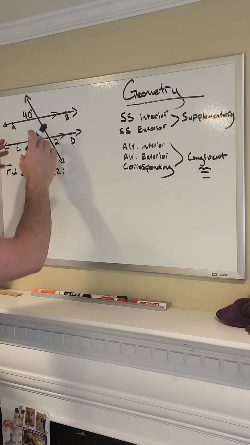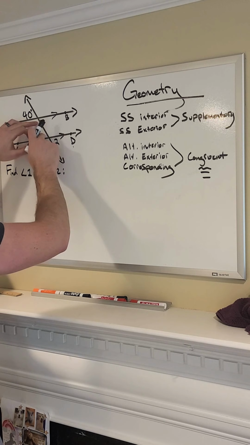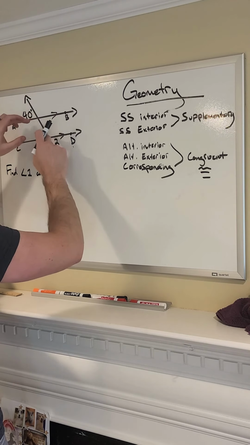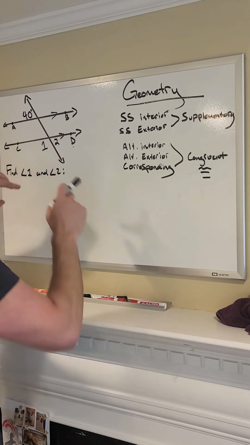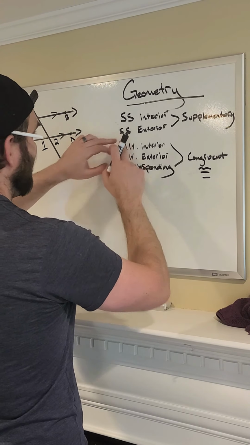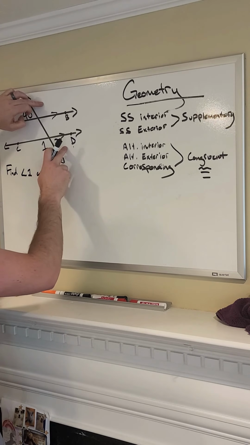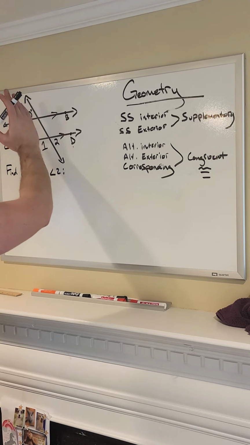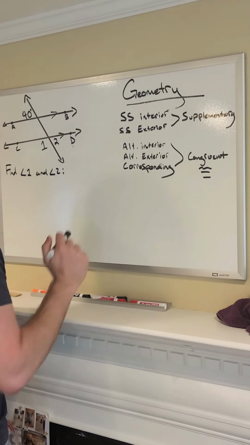Same side interior angles are angles on the same side of the transversal inside the figure. So over here, these two are an angle pairing, these two are an angle pairing. Same side exterior, here and here is an angle pairing, here and here's an angle pairing.